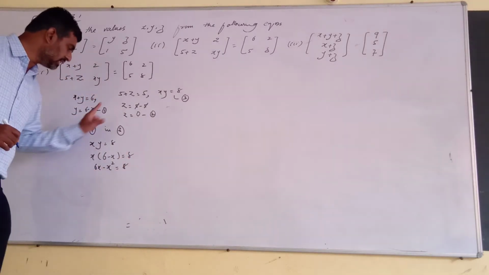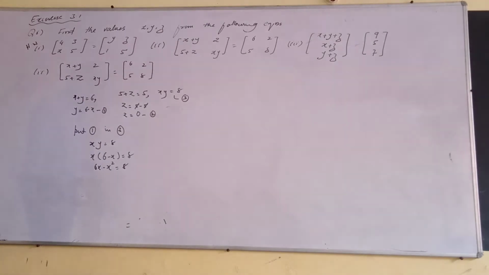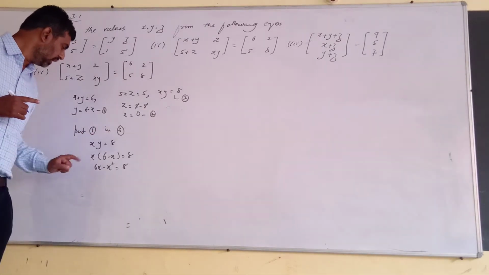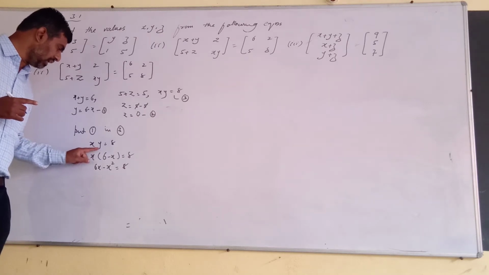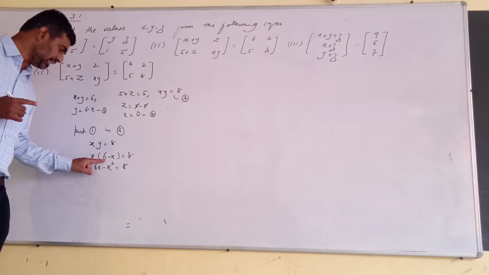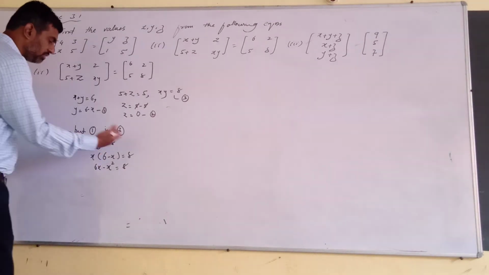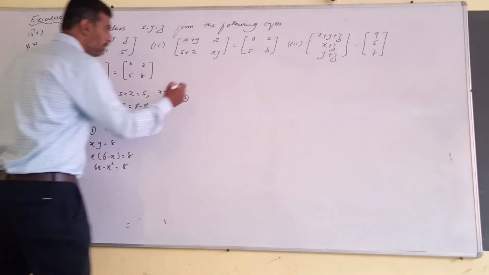What we have done is put equation 1 in equation 3: equation 1 gives y as 6 minus x, and equation 3 is x y equal to 8. Simplified, it is 6x minus x square equals 8. Now take these values to the other side.